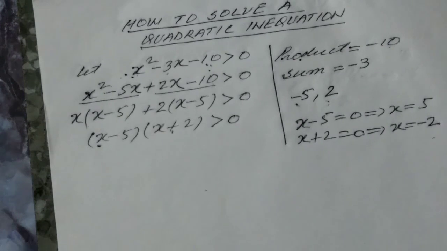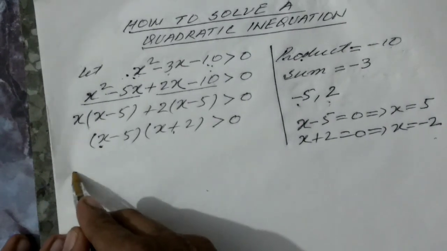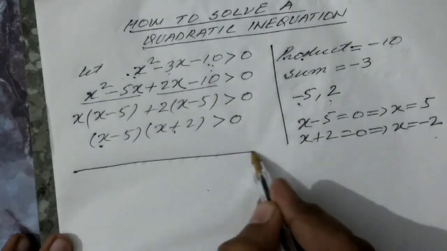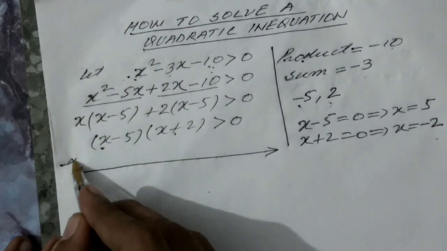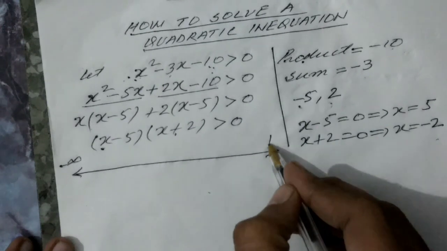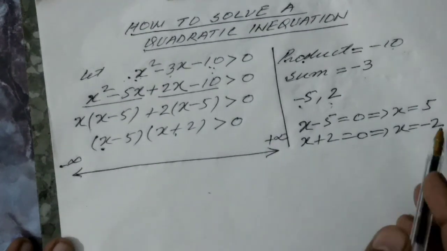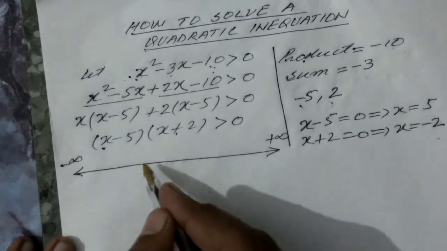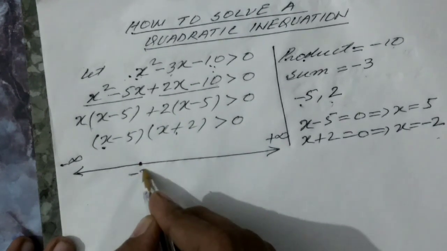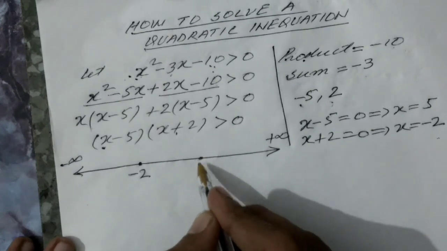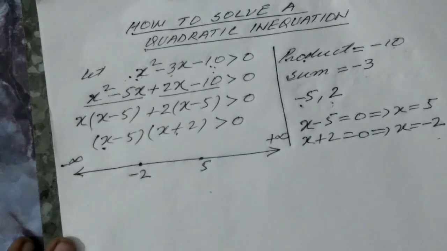So we draw a number line, and we write minus infinity on the left and plus infinity on the right, and we plot these two numbers sensibly. That means the smaller number should be on the left, that is -2, and the greater number should be on the right, +5.